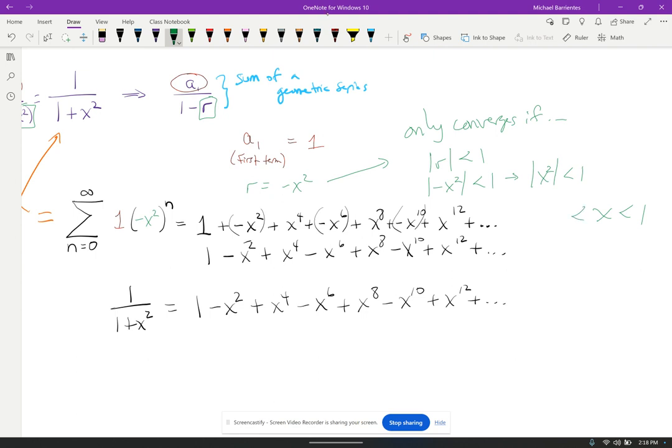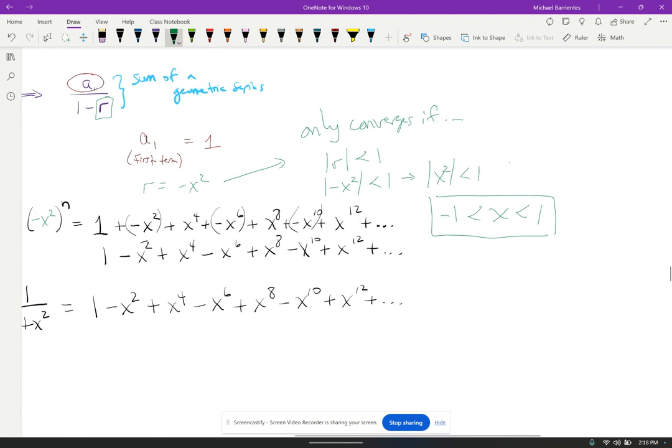So really, this is what we call the interval of convergence. I'm going to write this down. In this interval, that's where I am assured that my series converges. Why?